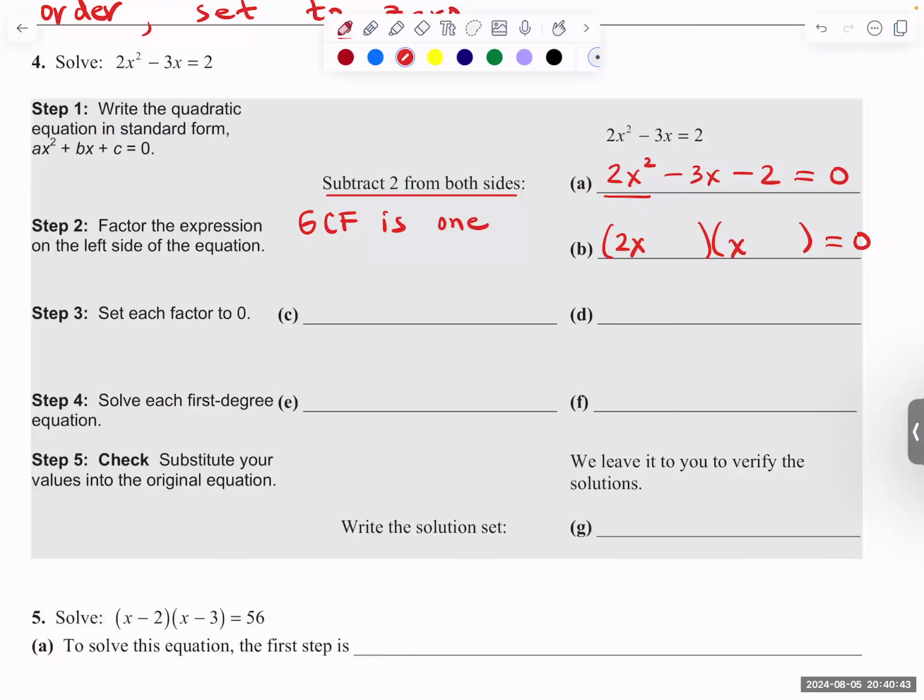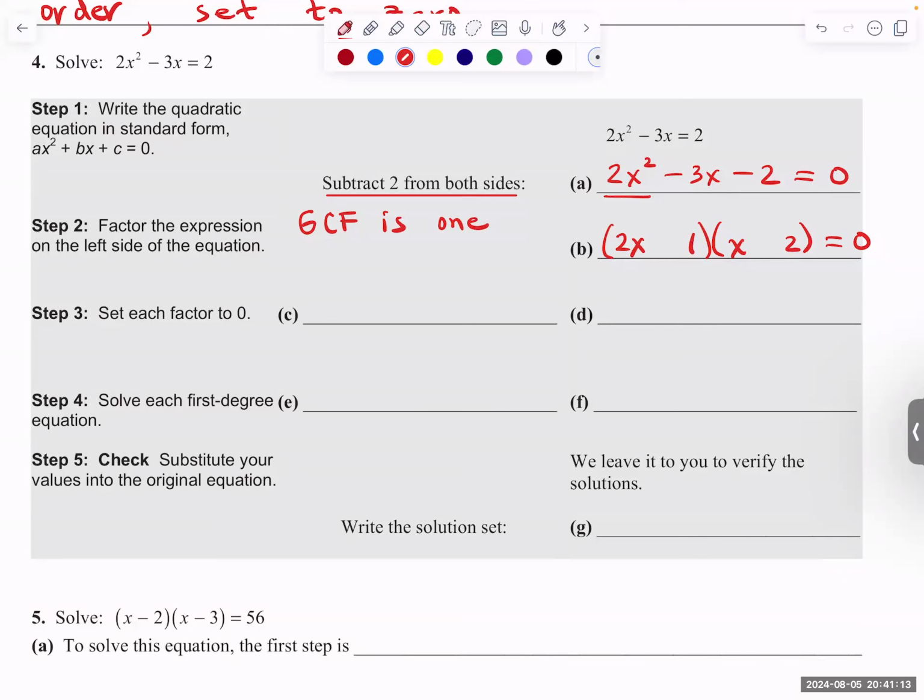And when we factor the constant minus 2, we do not want to put the 2 in the left binomial and the 1 in the right binomial, because then the left binomial would have a common factor of 2, but that's a contradiction to the statement that the greatest common factor is 1 in step A. So let's reverse those two numbers. I have the 1 on the left, 2 on the right.